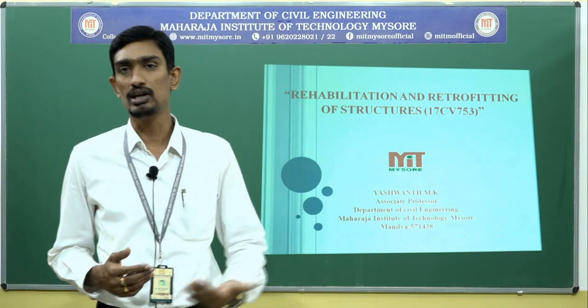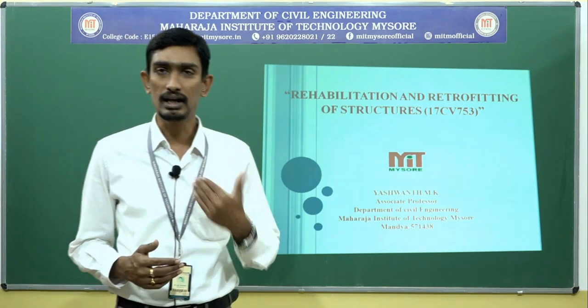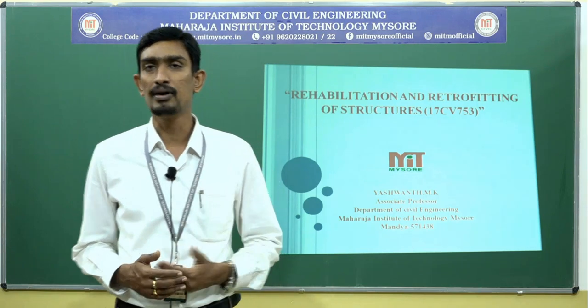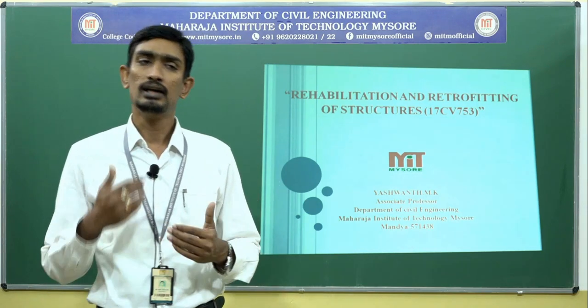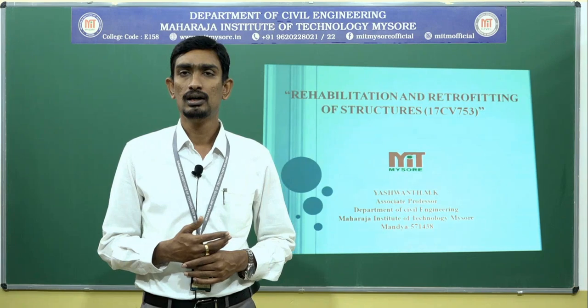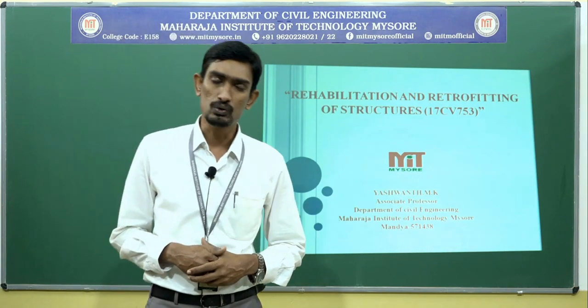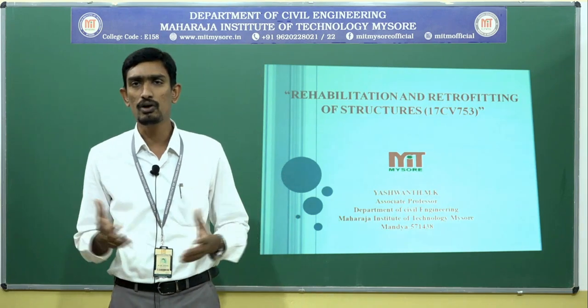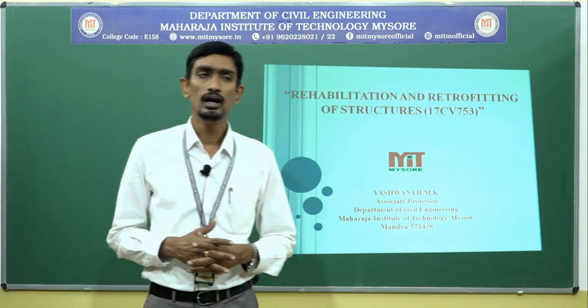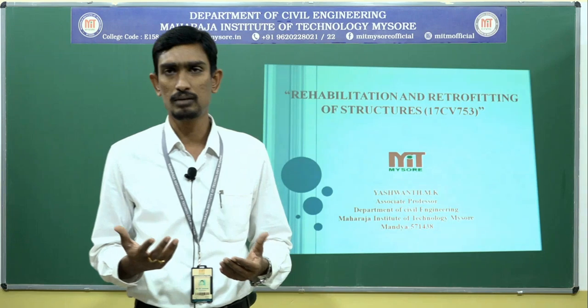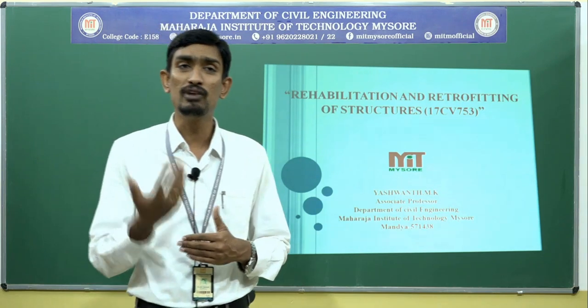That is, it may be shrinkage, honeycombing, crazing, a creep effect, the freezing and thawing effect. Like that, in module number 3 also, the effect of temperature, effect due to wear and erosion. So now we came to know the various causes, that means why and how it will be caused.